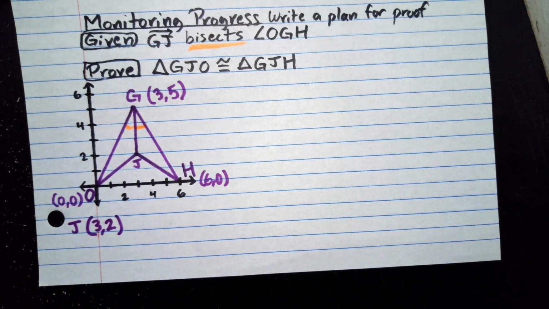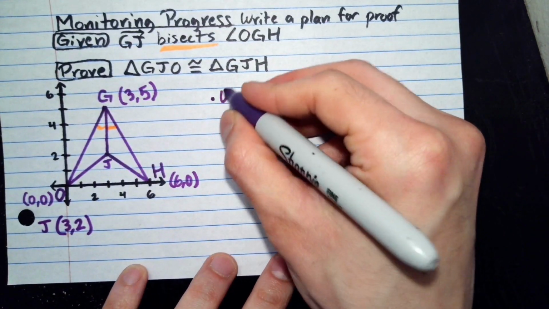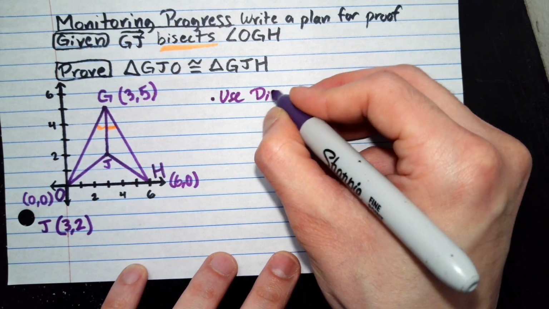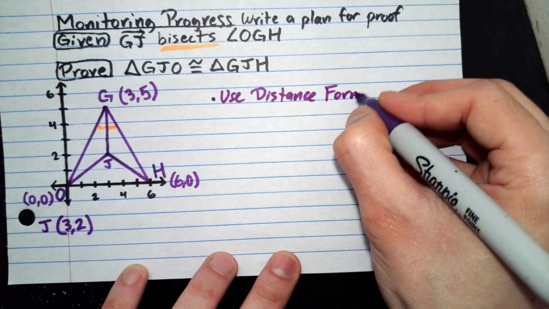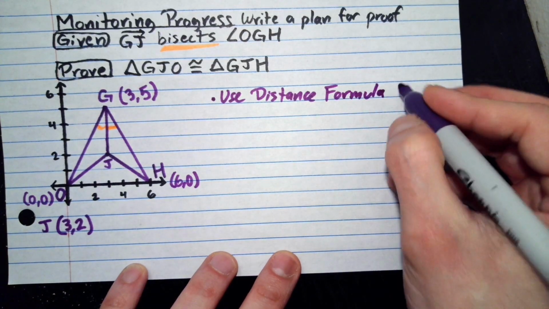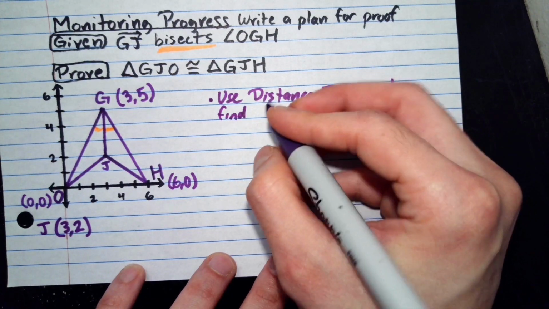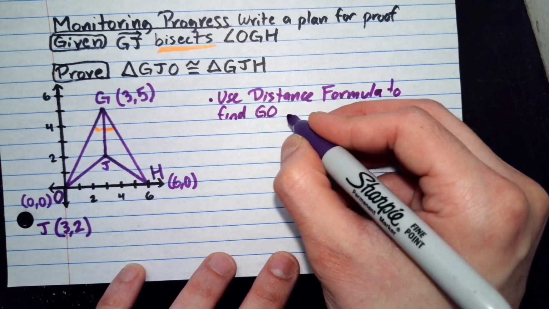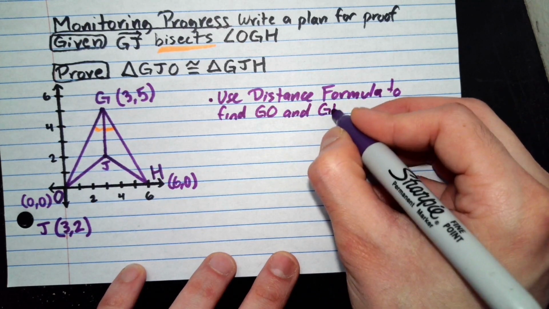So once again, we want to figure out whether these two triangles share a side. So what we're going to do is we're going to use the distance formula to find the measurement of GO and the measurement of GH.